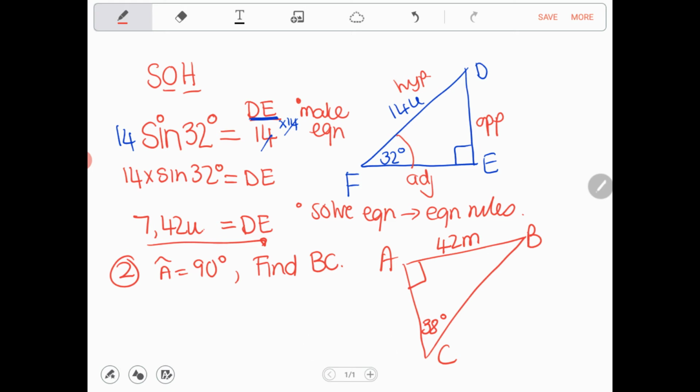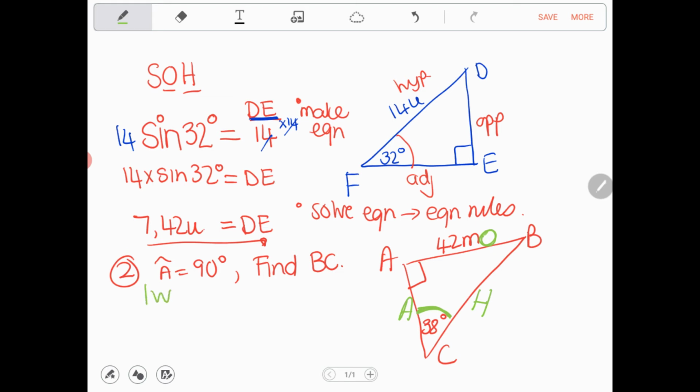Okay, so again, we name the sides according to the angle we've been given. That was our first step. Okay, so we have been given the 38-degree angle. So hypotenuse, opposite, and adjacent. Okay, so that's your first step.